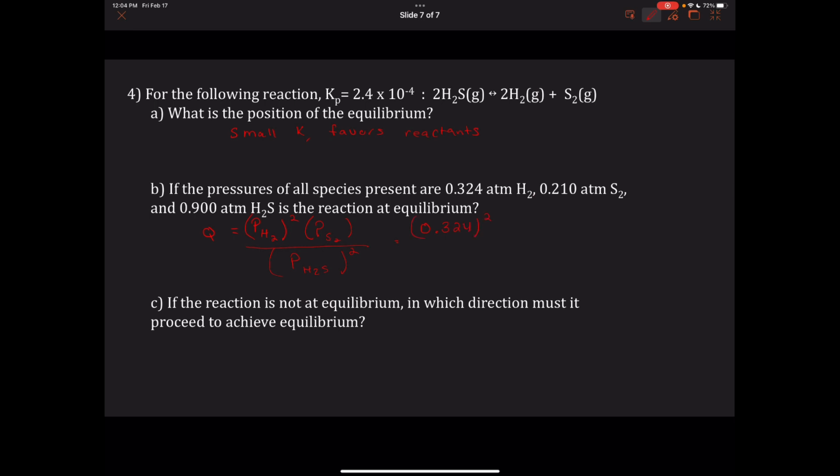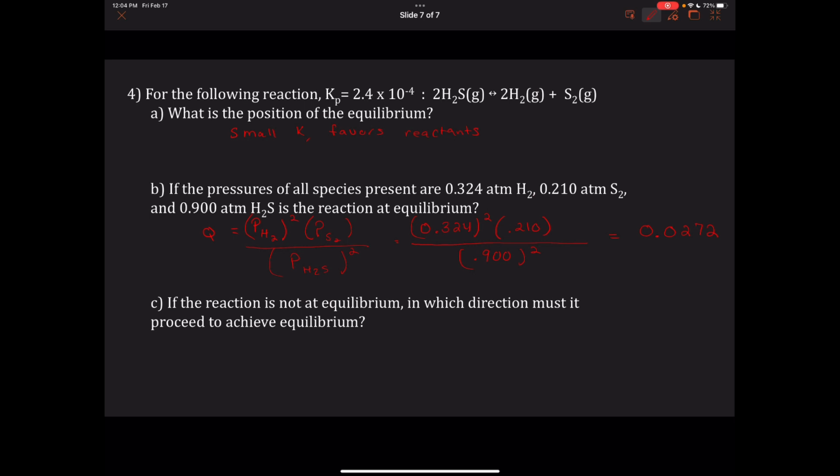That quantity is squared. The sulfur is 0.210. And then my H2S is 0.90, and that quantity is squared. So calculating our Q, we're going to get a value of 0.0272. So again, determining if we're at equilibrium, we're comparing Q to K.